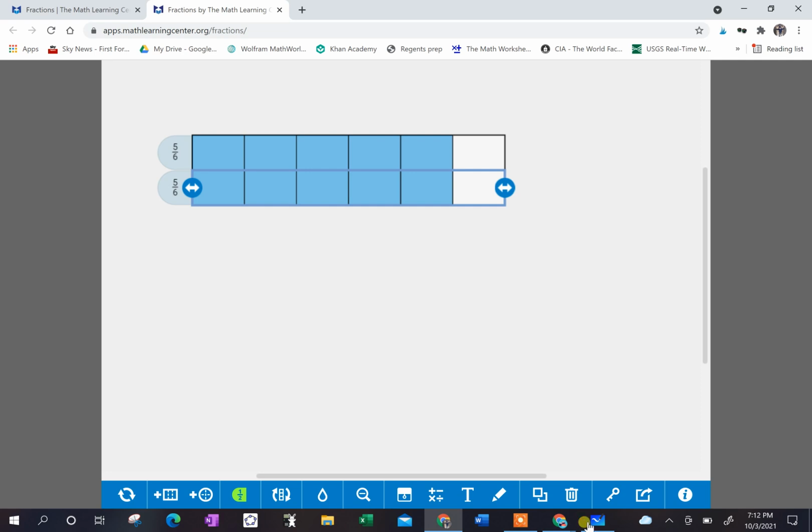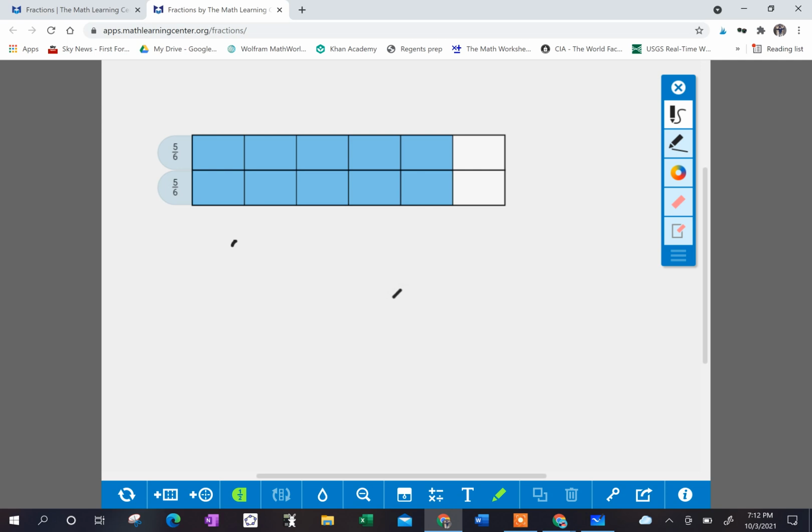So how many sixths do I have? 1, 2, 3, 4, 5, 6, 7, 8, 9, 10. So 5/6 plus 5/6 is equal to 10/6. Well, let's see.